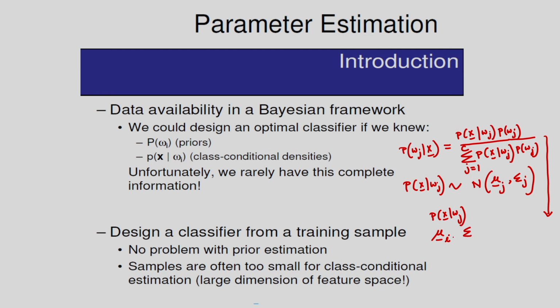So the mean vector and the covariance matrix I also need. That means I have two parameters, theta i1 and theta i2, suppose. So two parameters I need, and also I need the information of how many classes. So the classes are 1 to c, here you can see j is equal to 1 to c. So c number of classes.